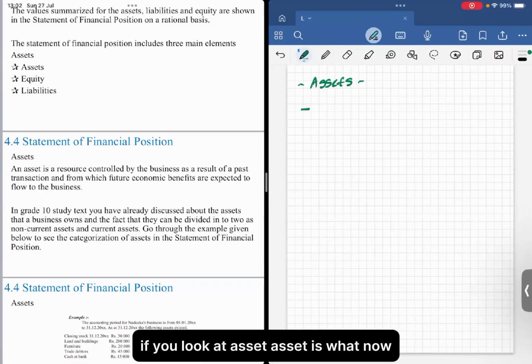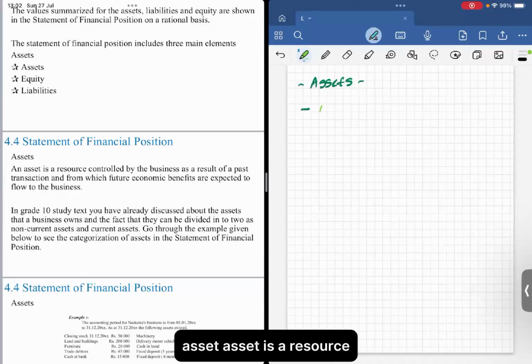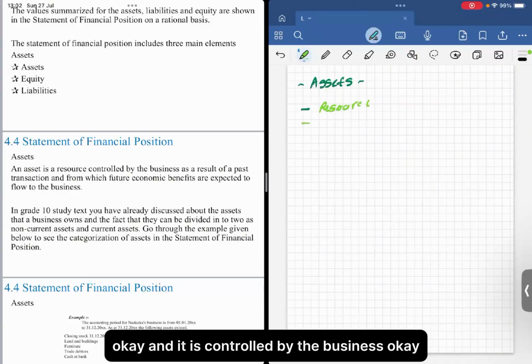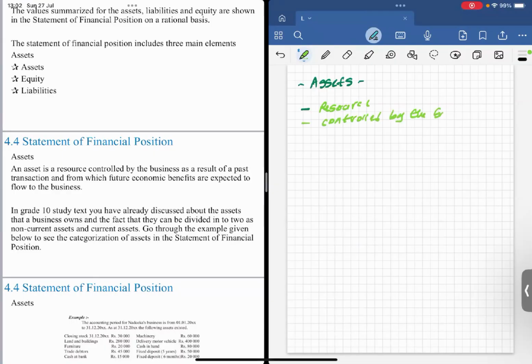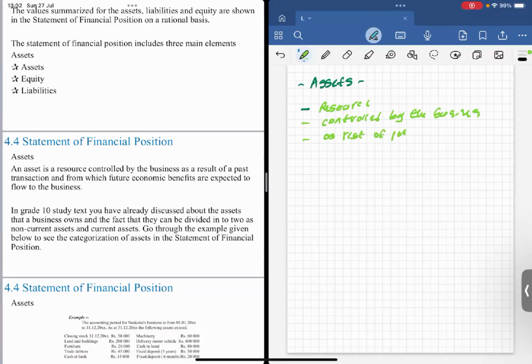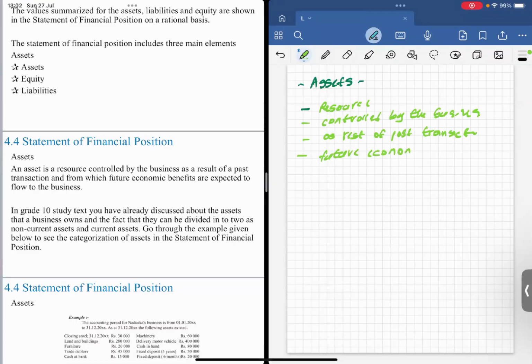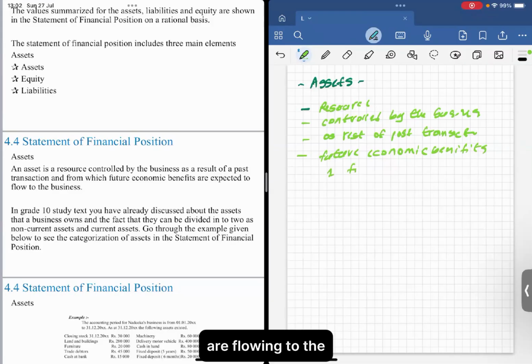So, an asset is a resource, and it is controlled by the business as a result of past transactions, and from which future economic benefits are flowing to the business.